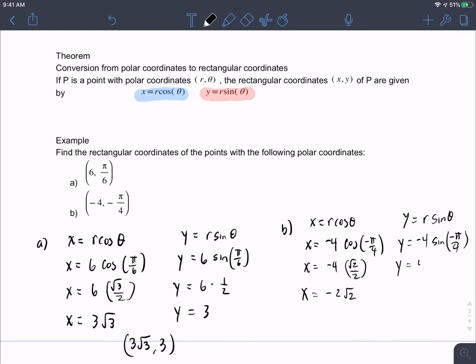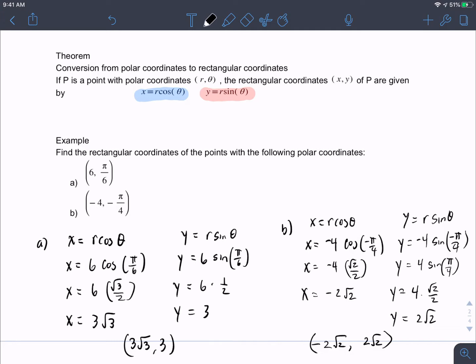But that's going to become 4 sine of pi over 4, and the reason is because sine is odd, so the negative can come right out. And I know that's going to be 4 times radical 2 over 2, which will give me y is 2 radical 2. And so my coordinates are going to be negative 2 radical 2, comma 2 radical 2. And that is the rectangular coordinates for part B.